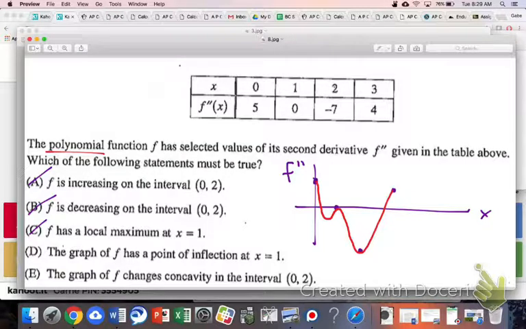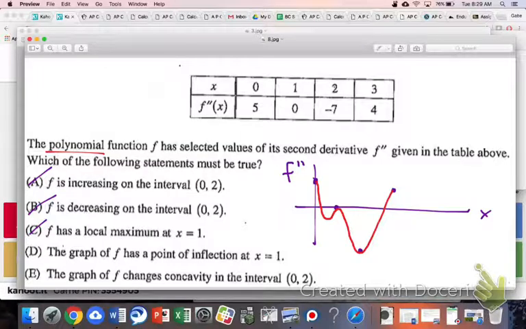But it doesn't have to happen at 1. It could happen in a couple of different intervals. Does that make sense? This is definitely the false thought that we battle a lot. Just because f, f prime, or f double prime equals 0, it doesn't mean that it had to change signs there. It could have. It doesn't mean that it has to.